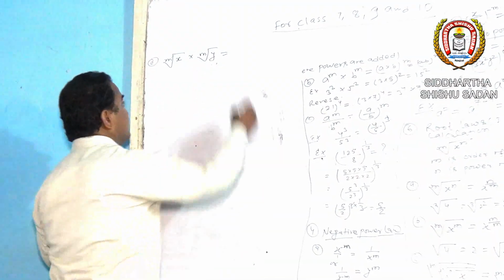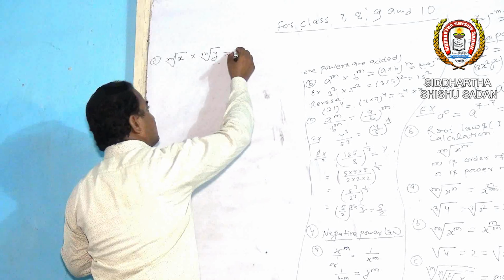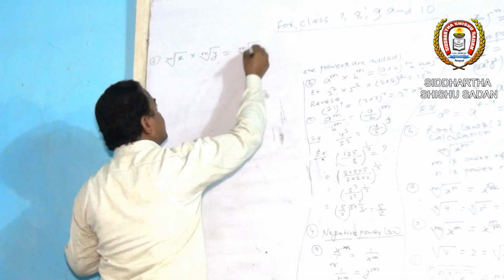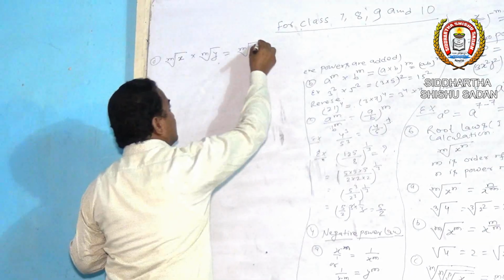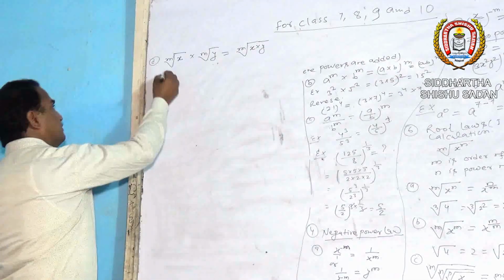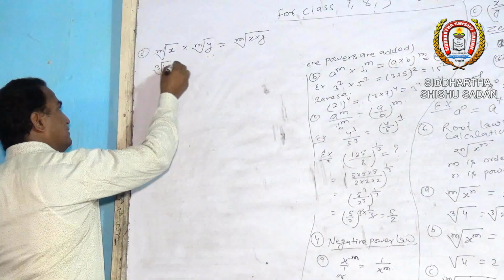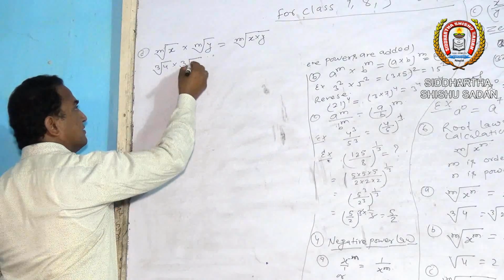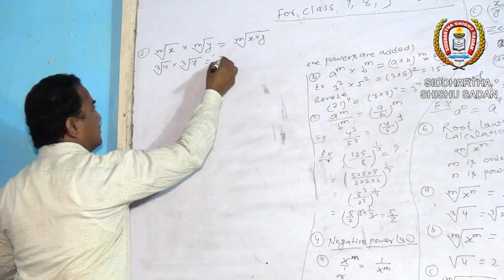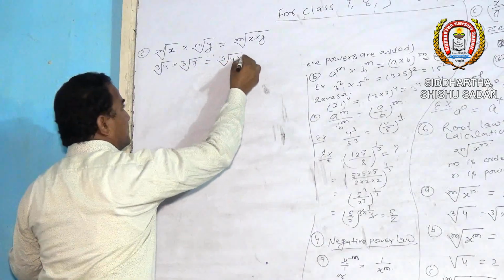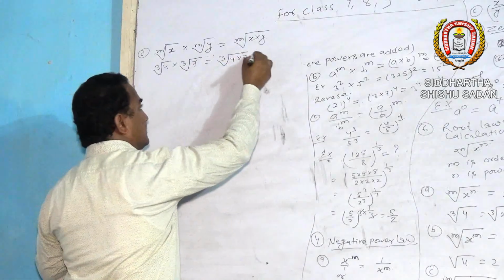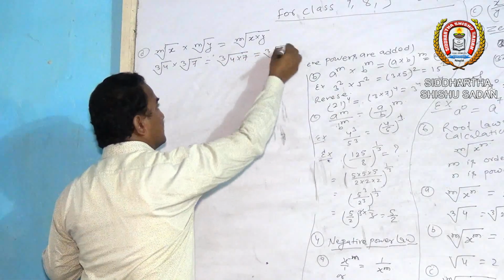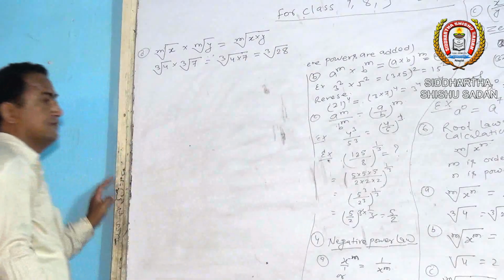In that condition, we have to write only one root over here, m root x into y. It means cube root 4 into cube root 7 is equal to cube root 4 into 7. Look here, is equal to cube root 28.